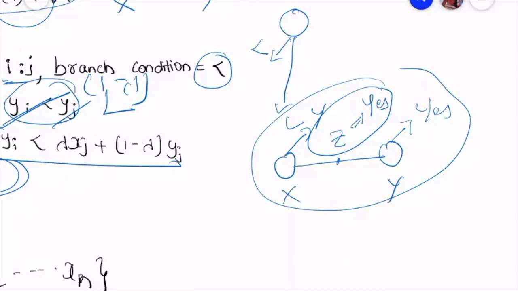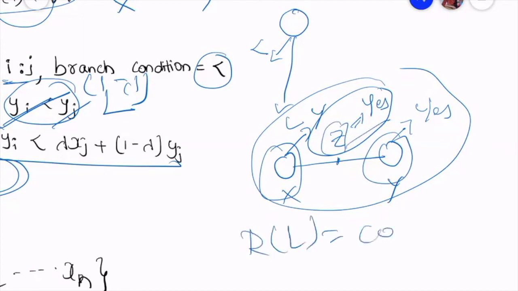So in conclusion, the path followed by X and Y is also followed by the Z instance. From here, we can say that R of L is convex because the path is a straight line. Convex is nothing but R of L being connected. So from this proof, we say that R of L is convex.